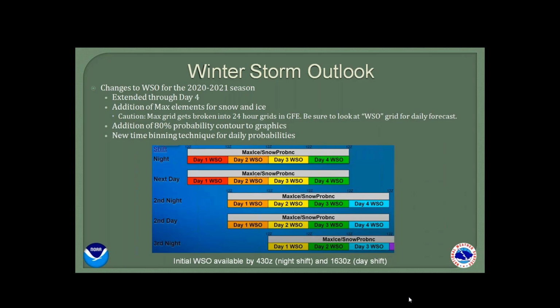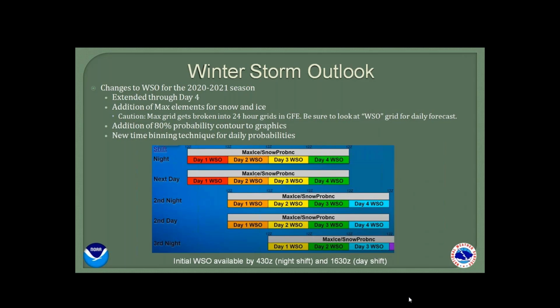They've added this max element for snow and ice, so you have the individual daily WSO plus a max ice and snow prob. That way you can see the max value of the next 4 days rather than just daily. For some reason in AWIPS, these max grids get broken up into 24 hours rather than a 4-day long grid.